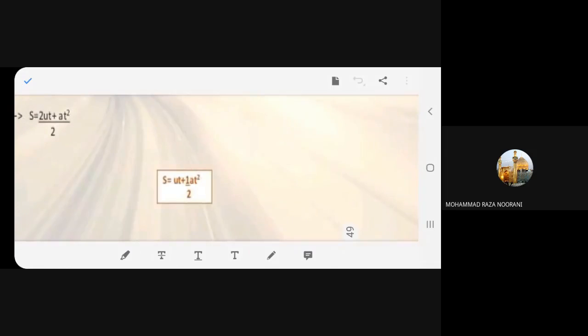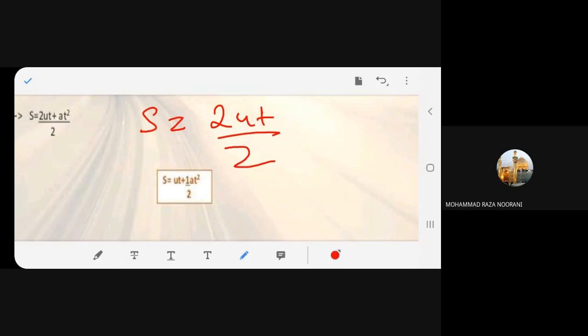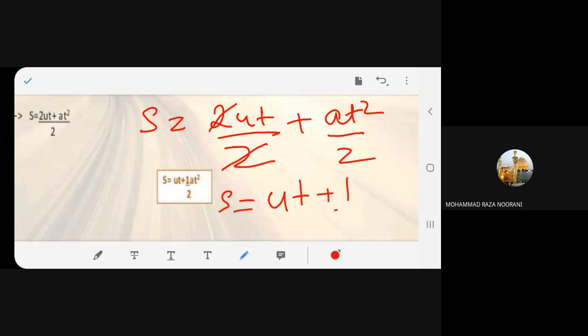Not getting your voice. Now I will separate it: 2ut divided by 2 plus at square divided by 2. Agree? I split it. Agree or not? This 2 and this 2 cancel. So s is equal to ut plus half at square. This is what you have got.